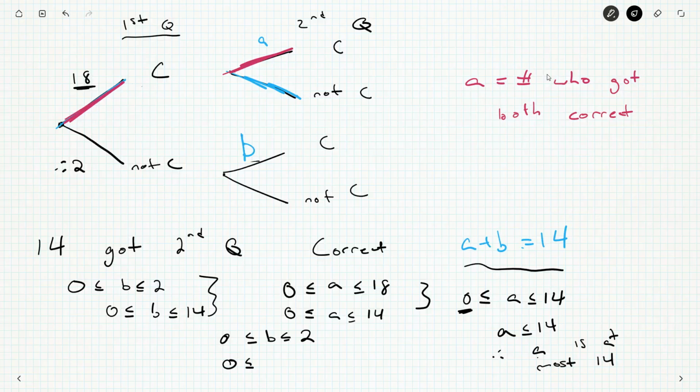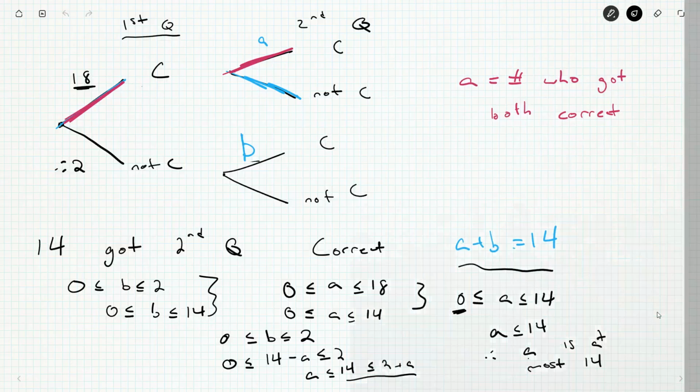So what we can say here is, since B plus A is 14, 0 is less than or equal to 14 minus A, which is the same as B, less than or equal to 2. And now I can rearrange this and add A to both sides. So A is less than or equal to 14, less than or equal to 2 plus A. And I'm running out of space, so let's move over to the next side. So A is less than or equal to 14 is less than or equal to A plus 2.